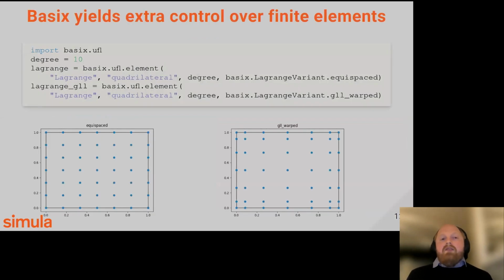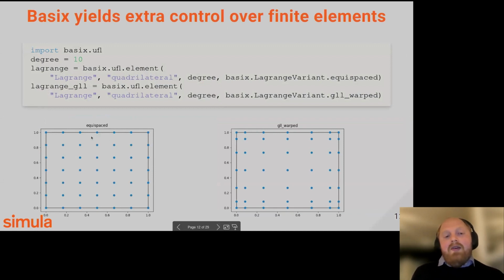So one of the nice things with Basix is it yields extra control over how you want to define your function spaces. So here we're again going to look at Lagrange polynomials. That's going to be a 10th order polynomial we're going to try to approximate. And the key with the finite element method is that every node in this cell here is going to have a function associated with it.